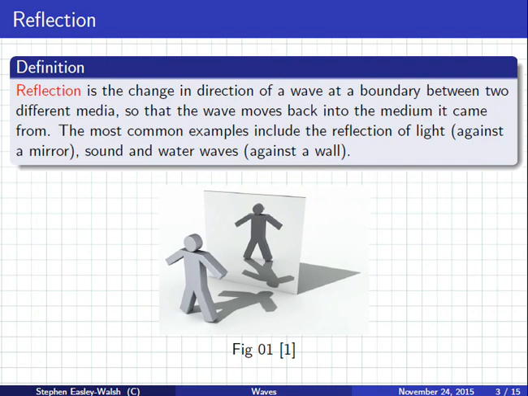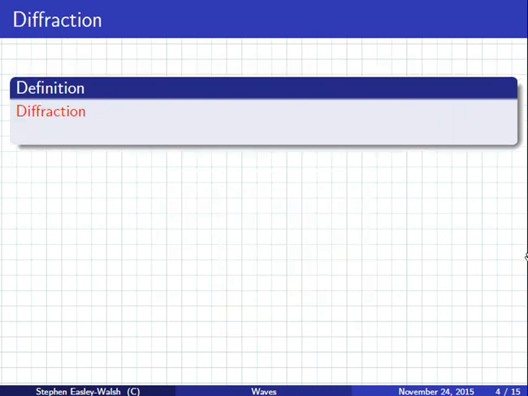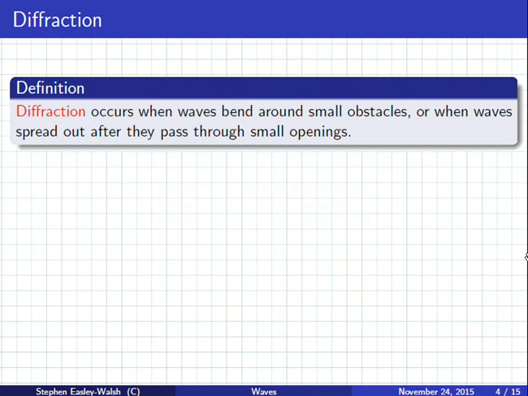Here is your mirror, and then here you are. Here we go. So the light hits the mirror and then it comes back to you. So this is called reflection, of course. And there's a picture. So that's reflection. So please write this down.